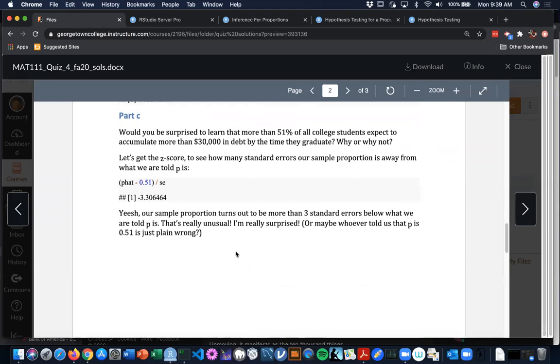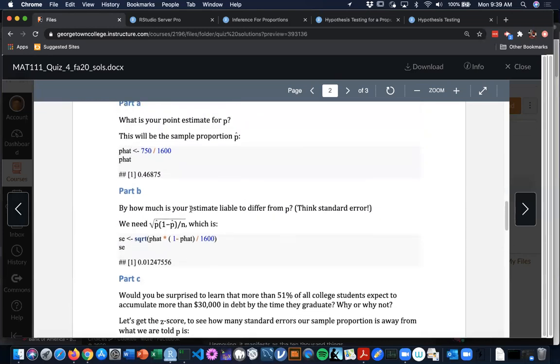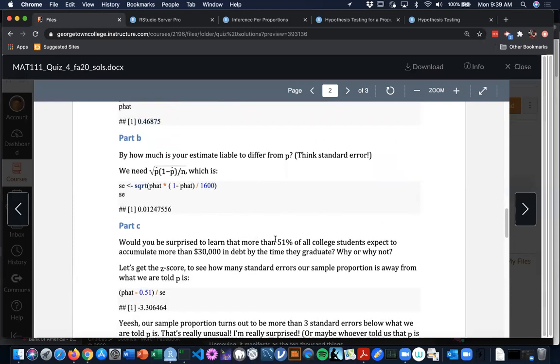Would you be surprised to learn that more than 51% of all college students expect to accumulate more than $30,000 in debt by the time they graduate? Well, this is calling for a z-score. We need to find out how unusual it would be to get the p-hat that we got here if the real p was 0.51.